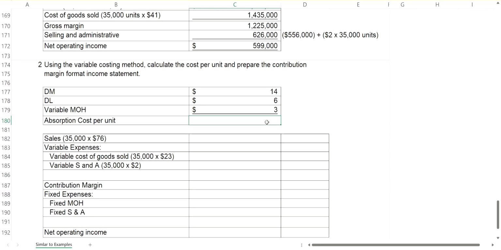It does not include the $18 fixed manufacturing overhead. So under variable costing, the cost per unit is 23. And I will make that correction here, or I should say variable cost per unit.